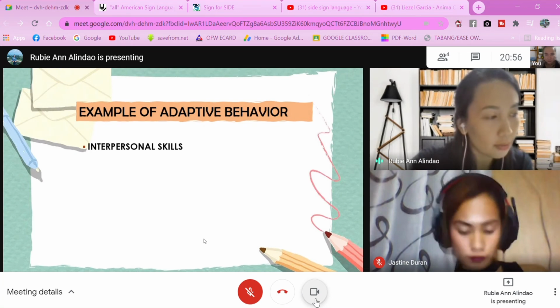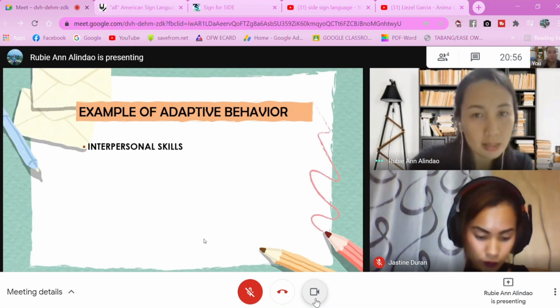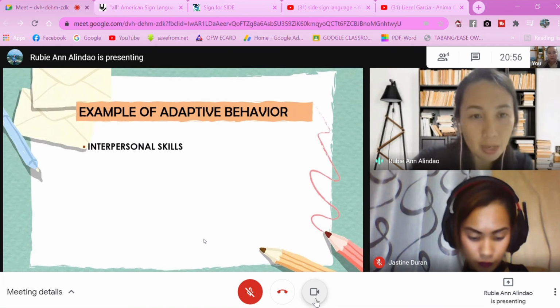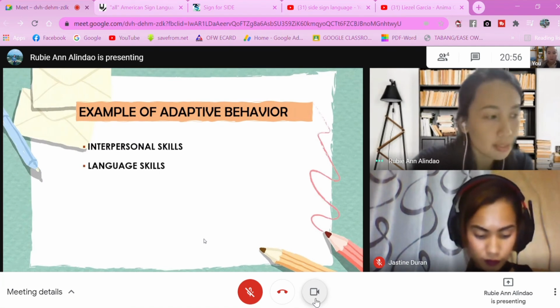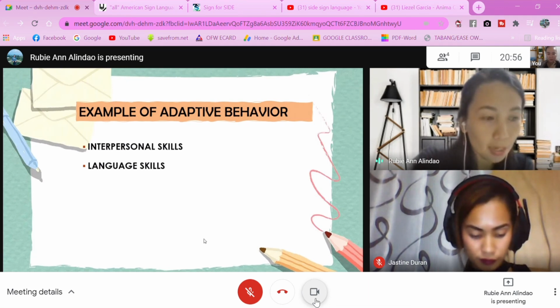They also include the ability to control and manage your emotions. So that is interpersonal skills. Another example of adaptive behavior is language skills. Language skills include listening, speaking, reading, and writing.